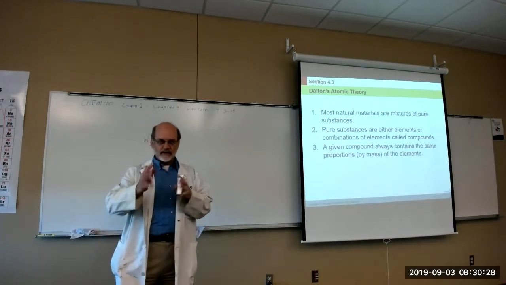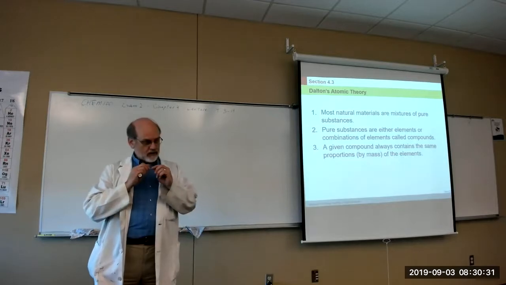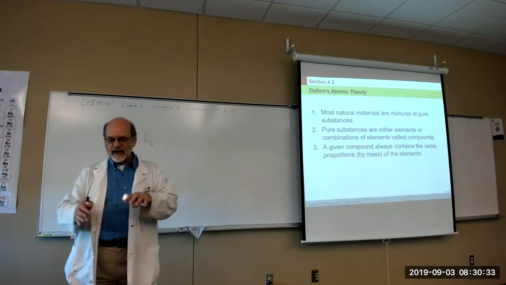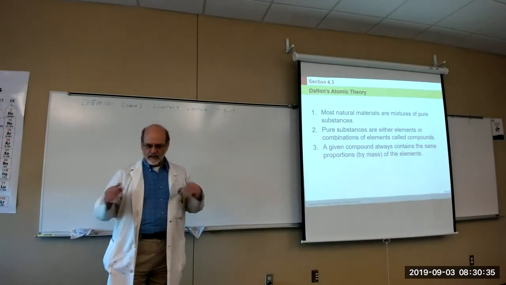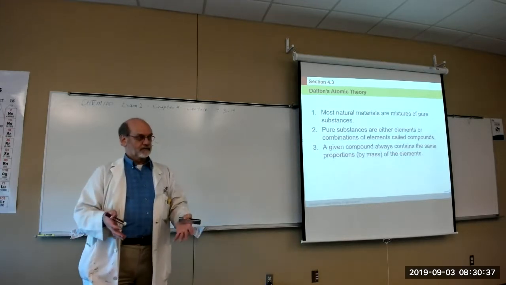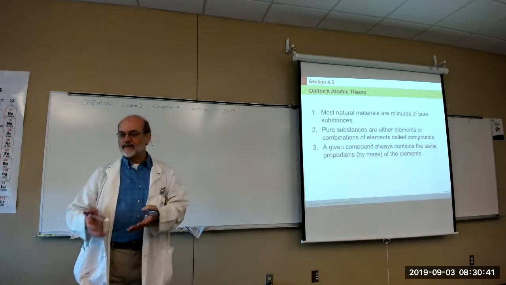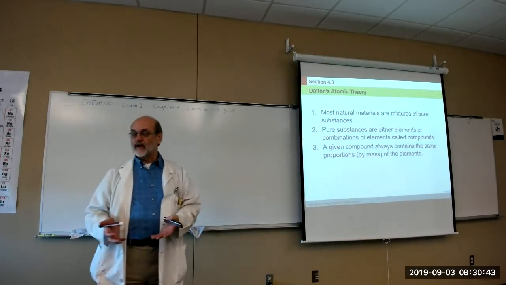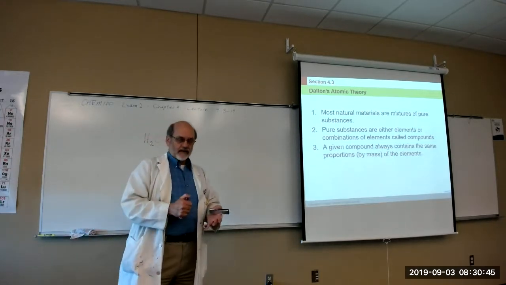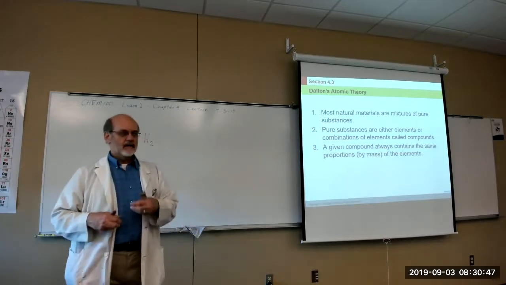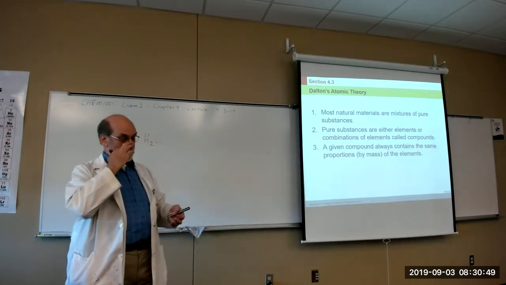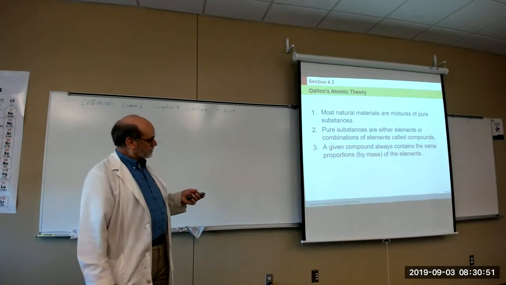How much did each of the elements weigh? They could degrade a compound into its elements and weigh the products. But they didn't know how many atoms that represented. They only knew mass. So the first set of laws that you get relate to mass only.